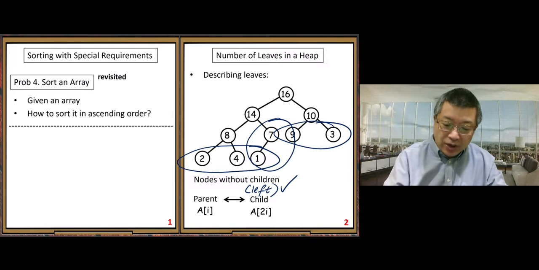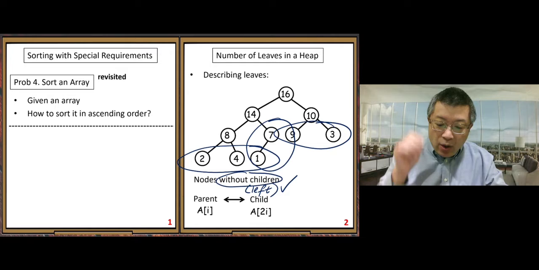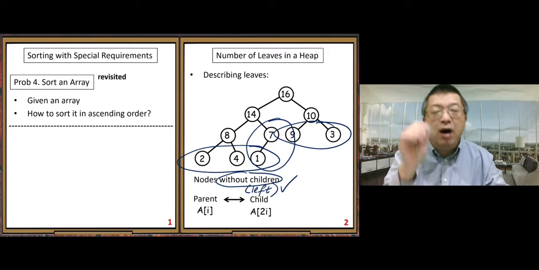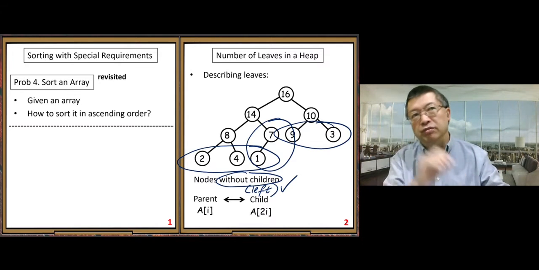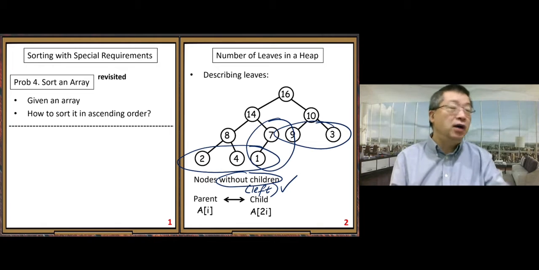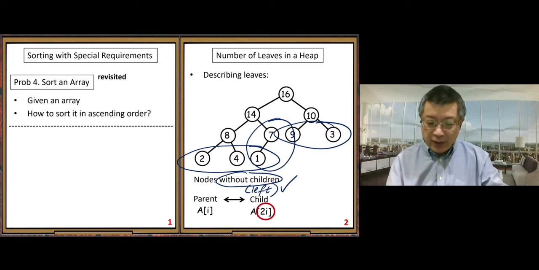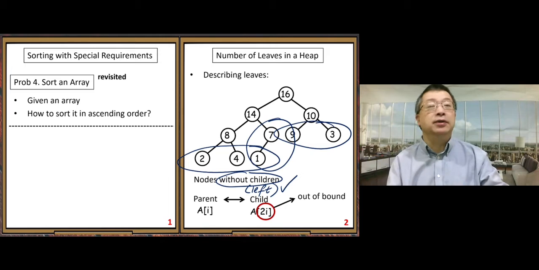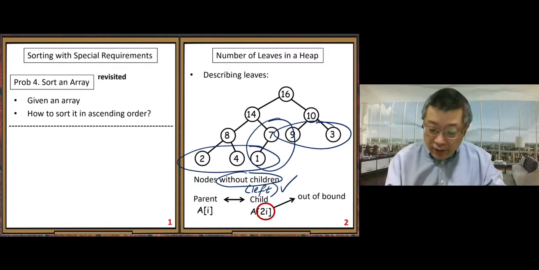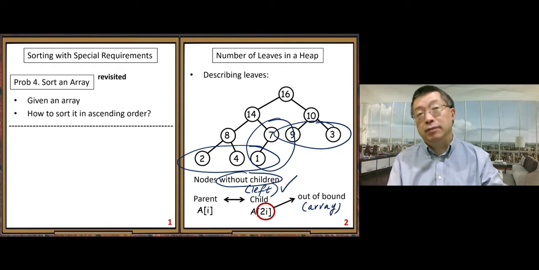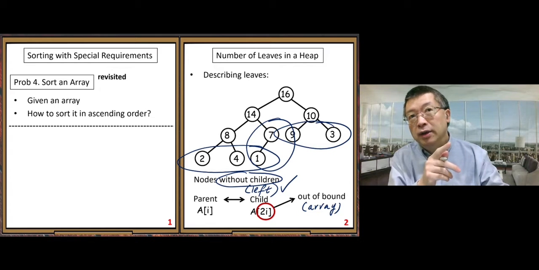Now, the question: how do we describe a node without a child? Here we use this way. If the index of its left child, 2i, is out of bound of the array. For the current array, there is a bound, between 1 and n.